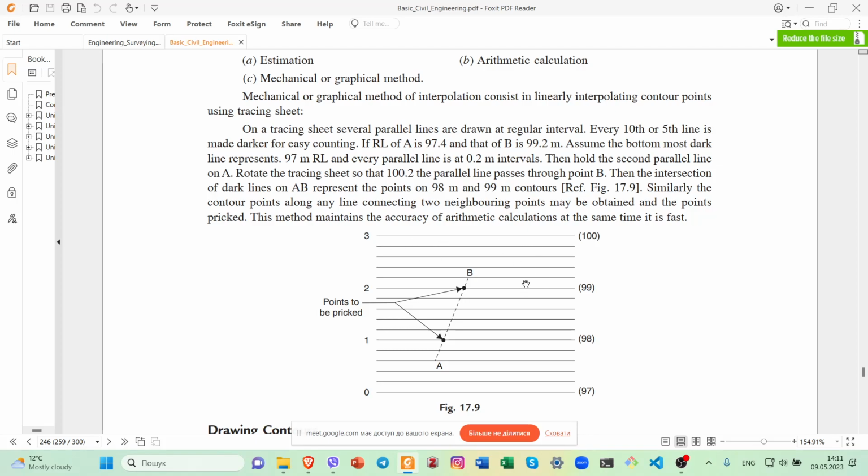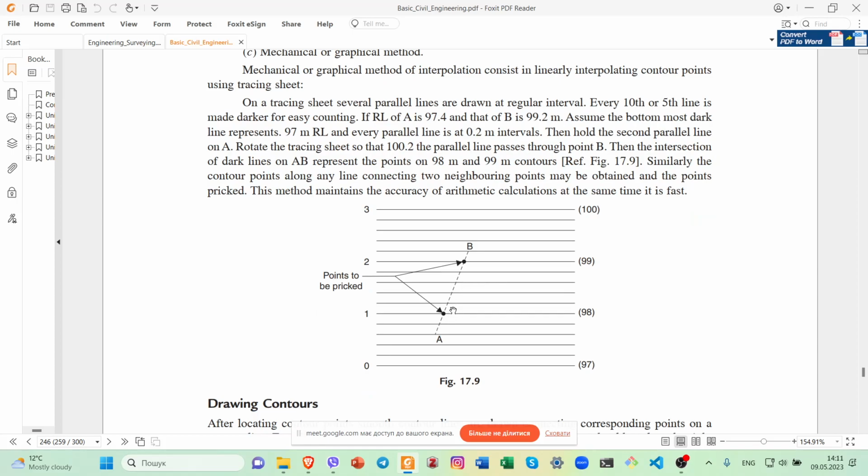It's a mass of lines on plastic or on a sheet of paper, and then we just can rotate this palette and find the necessary number of contour lines between points A and B.